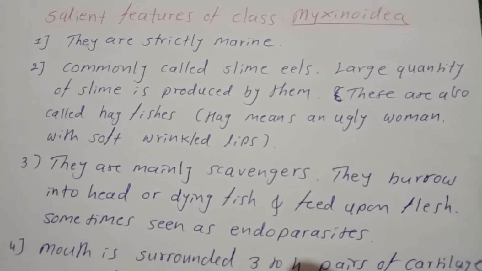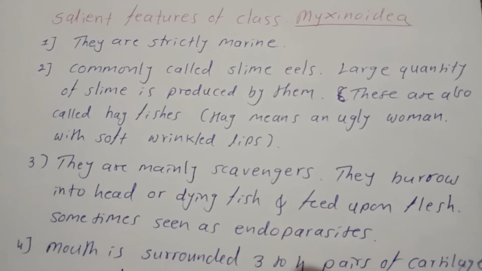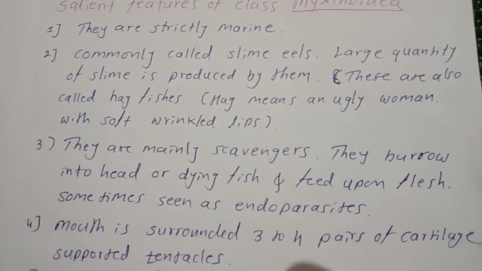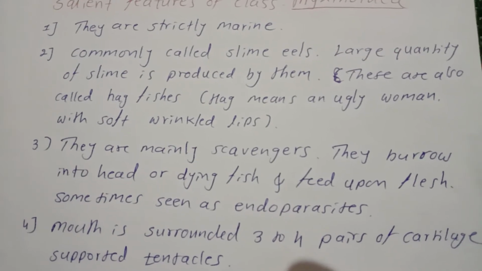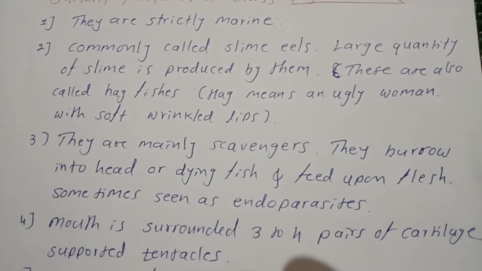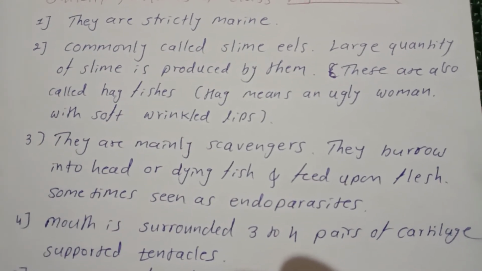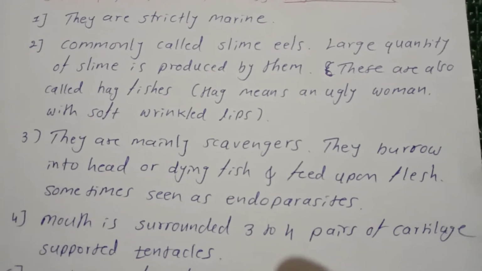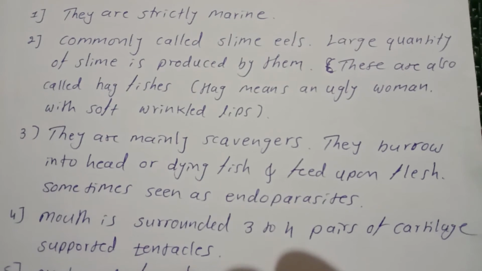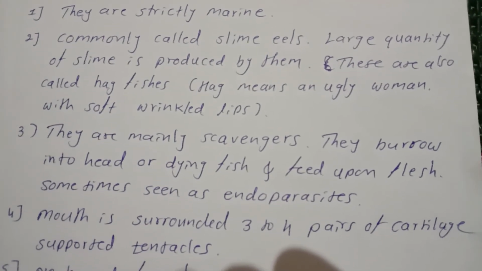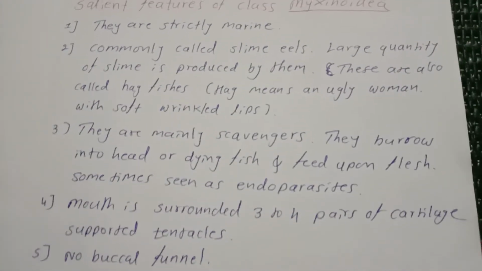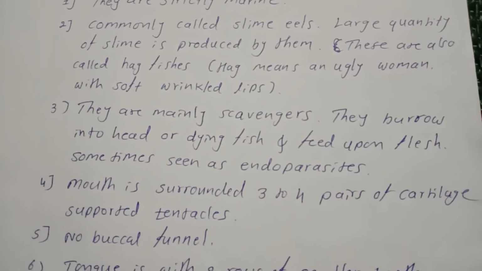Hag means ugly woman, that is with soft wrinkled lips. They are mainly scavengers, that is they burrow into the body of dead or dying fish and feed upon flesh. Sometimes they are seen as endoparasites, that is they live inside the body.